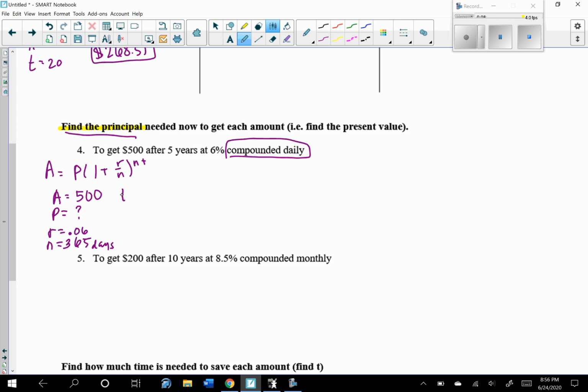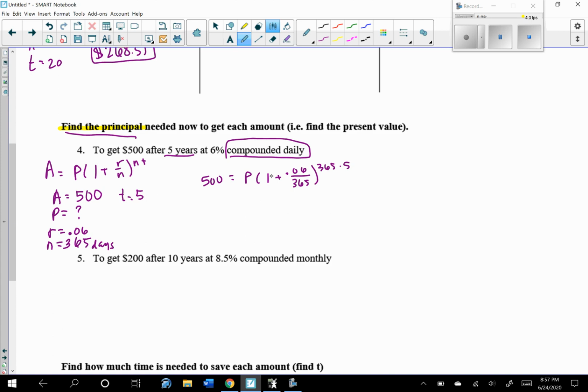And T is equal to 5 years. So 500 is equal to P times 1 plus R, which is 0.06, divided by N, 365, to the 365 times 5.